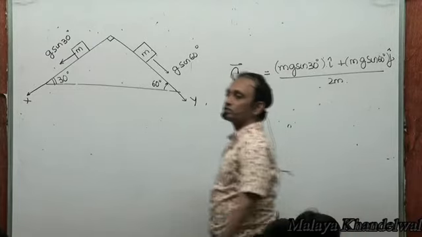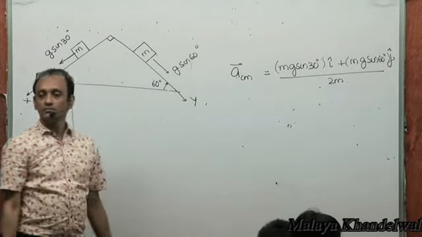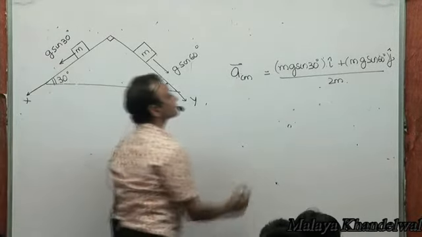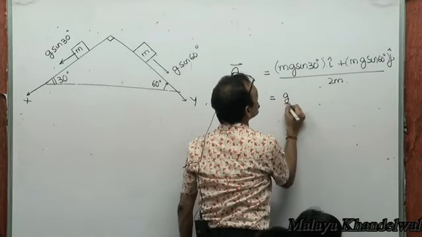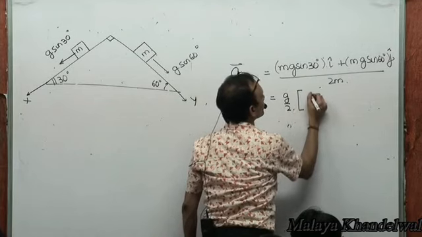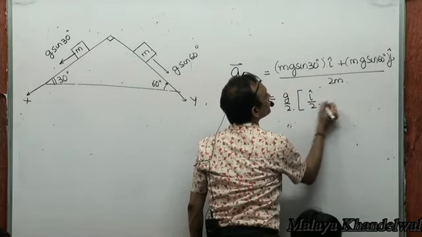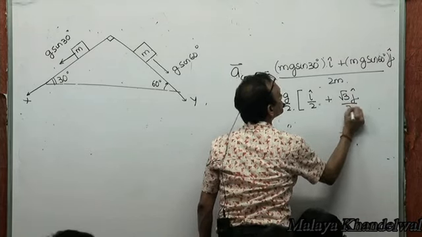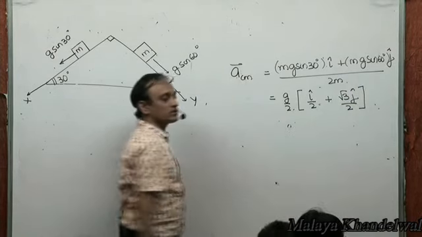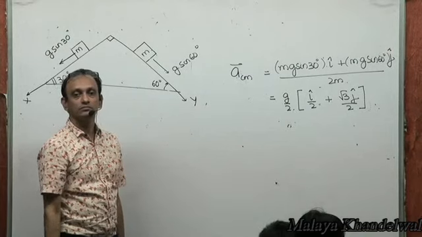That's the acceleration of the center of mass, right? Which is like g by 2 into (i cap by 2 plus root 3 j cap by 2). That's the acceleration of the center of mass vector.